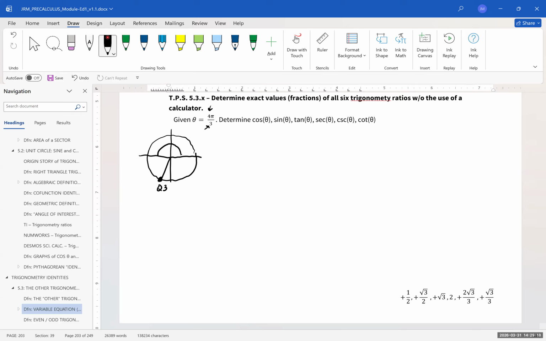So we're going to go all the way around, and that is our angle theta. Okay, so our angle is in quadrant 3. And what that means is that our value of x should be negative, and our value of y should also be negative.